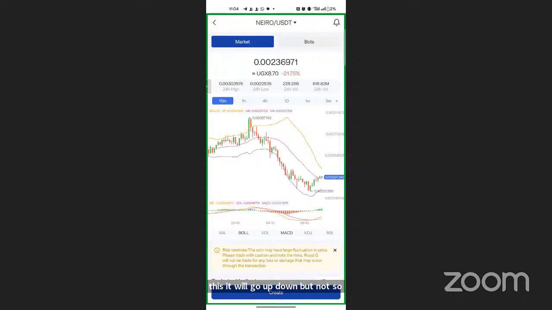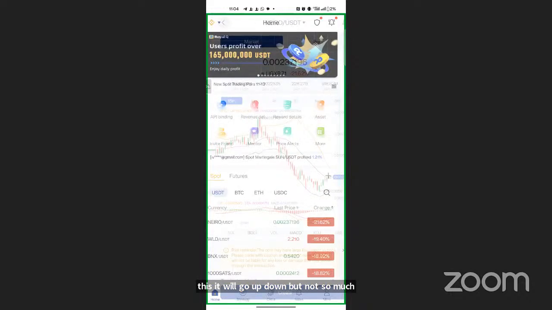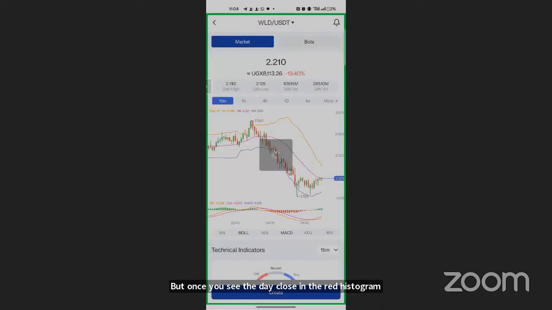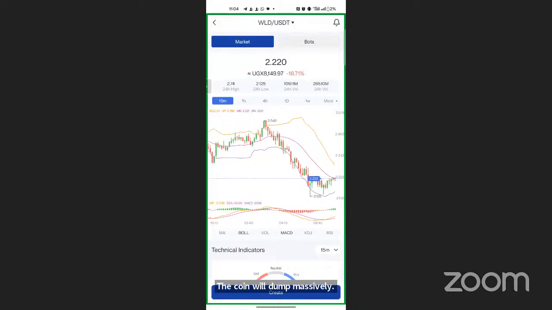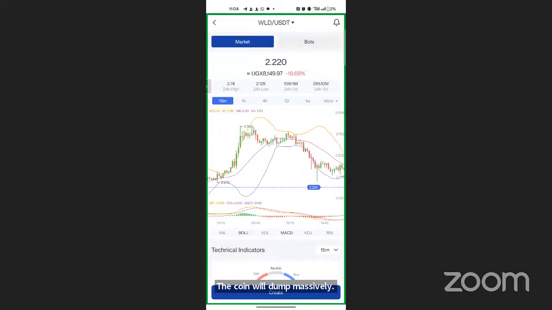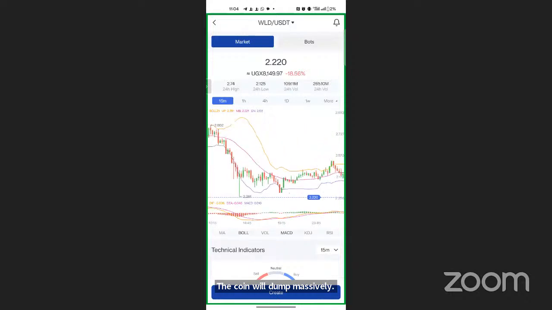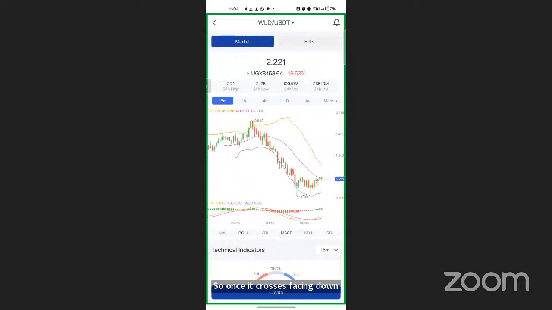But once you see the death cross in the red histogram area, my friend, run to save your life. The coin will dump massively. So once it crosses facing down in the red area, this coin is going to go down very high. I think that's what I wanted to share.